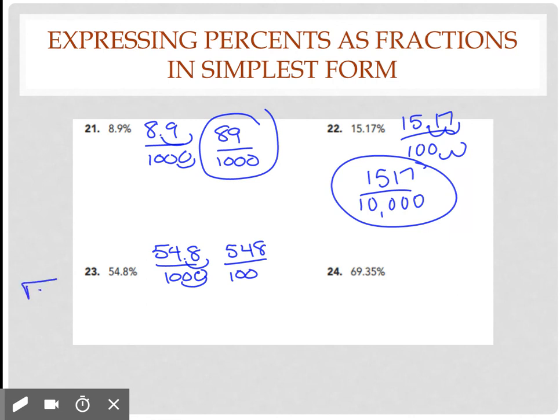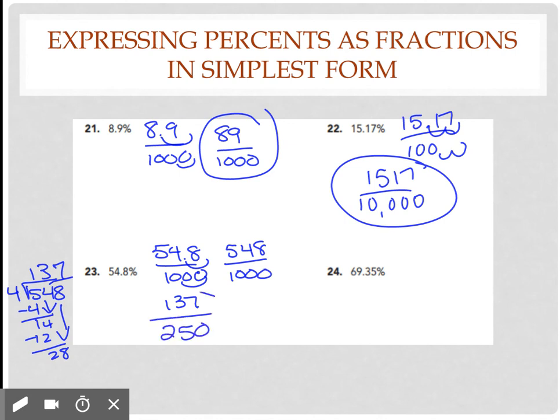I want to work this out to make sure I did it correctly. 548 divided by 4 is going to be 137. And then 1,000 divided by 4 is, of course, 250. So that should have been your final answer.